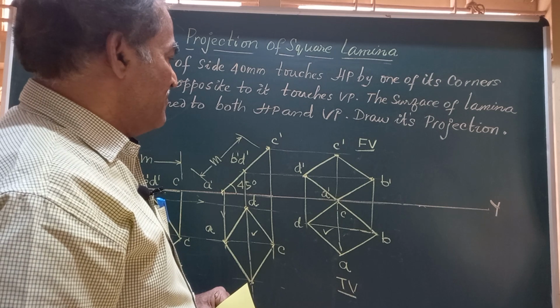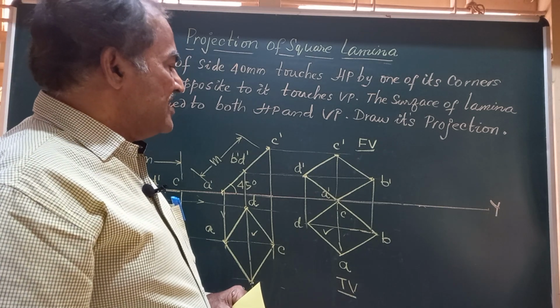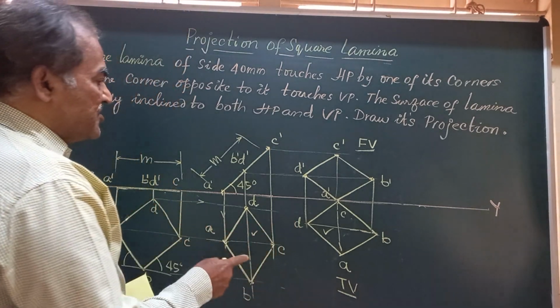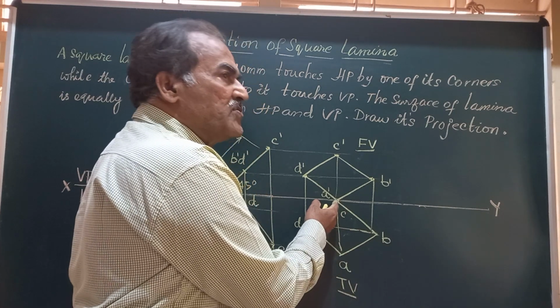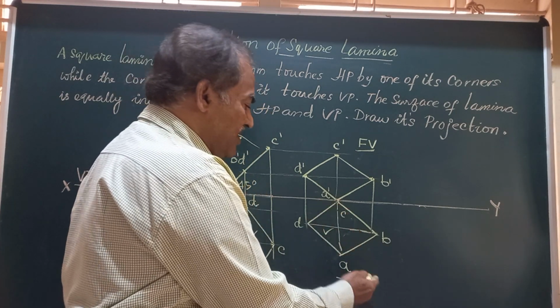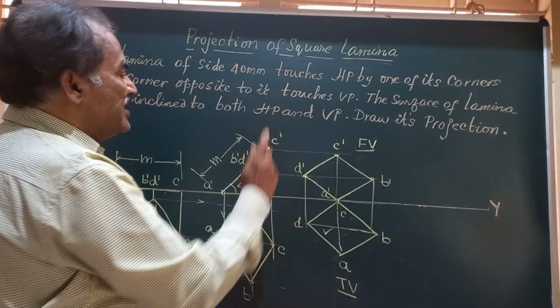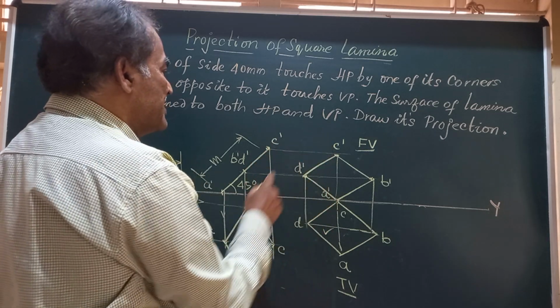And friends, finally, to check whether the solution you have got is right or wrong, let's check it now. The lamina is resting on HP. So since it is on HP, in the front view, you should get it as A dash and A. And the vertical plane is touching the corner C, or C is touching the vertical plane.